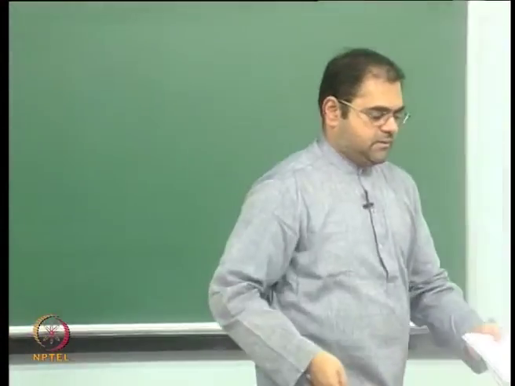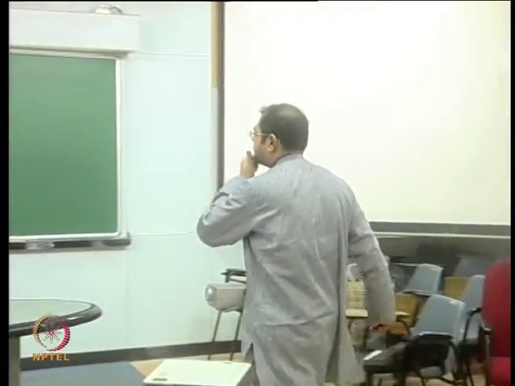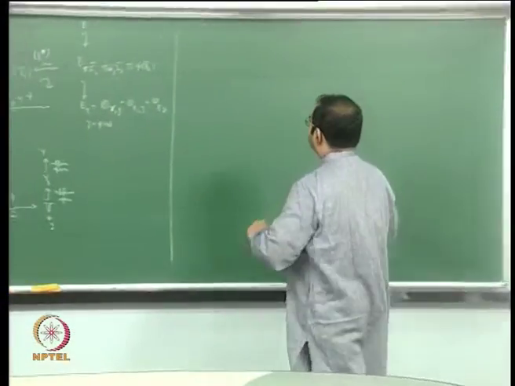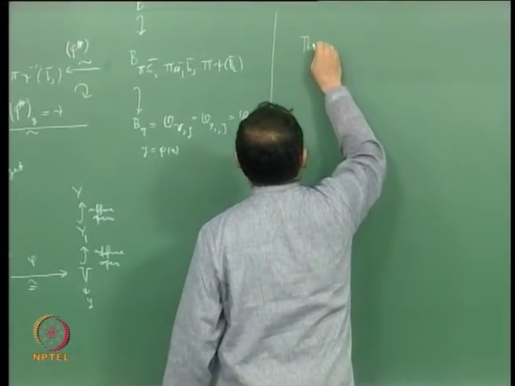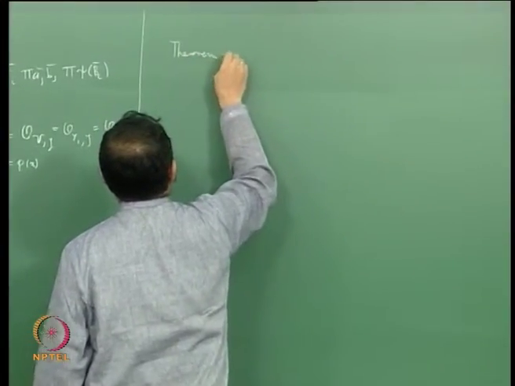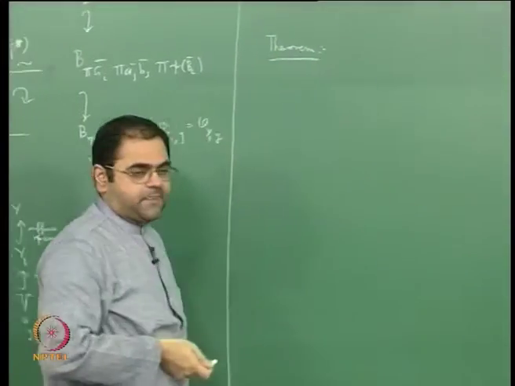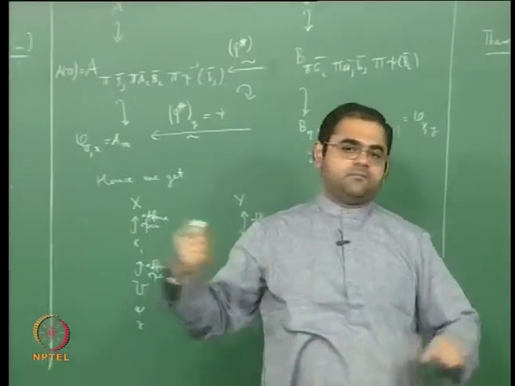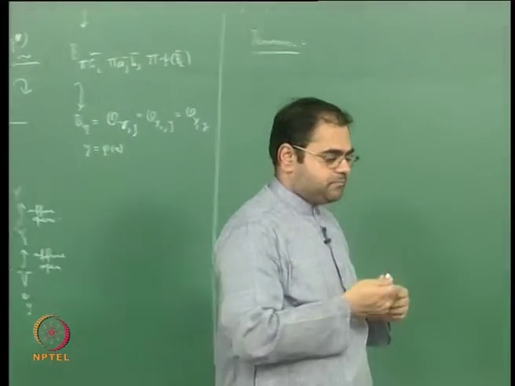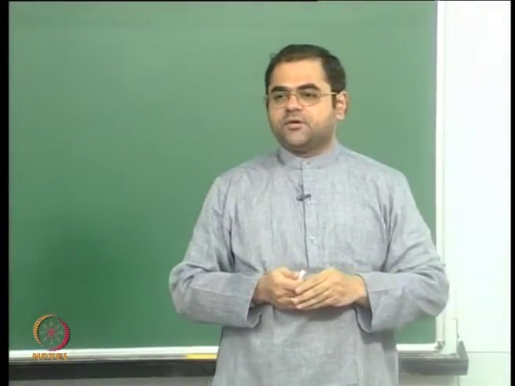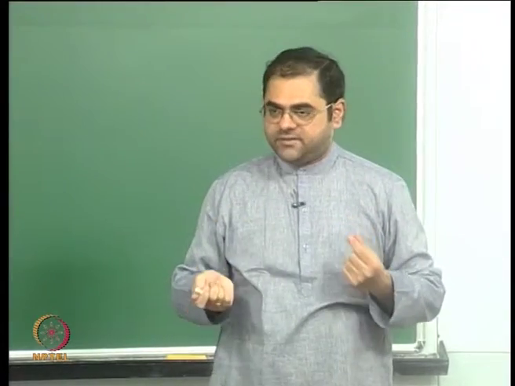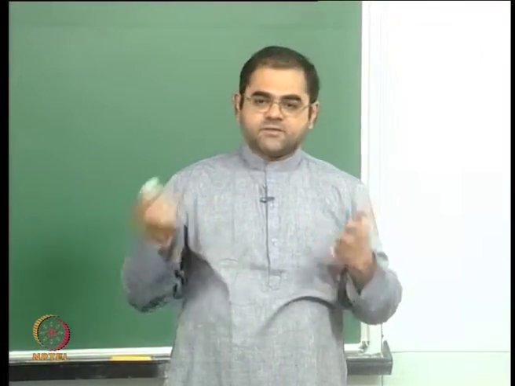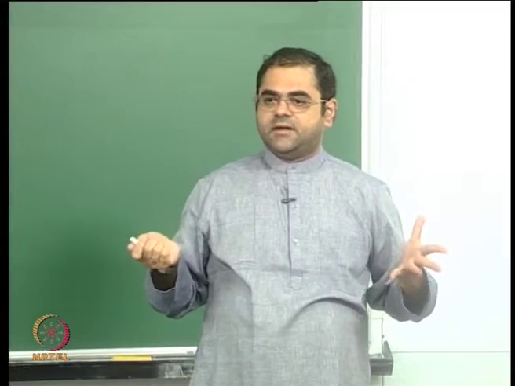Okay, so let me give this notebook back to you. So here is a theorem. Because it is connected with this, I am continuing with this. If two varieties, so this tells you about the importance of function fields. Okay, if two varieties have isomorphic function fields, then they are birational, and conversely.